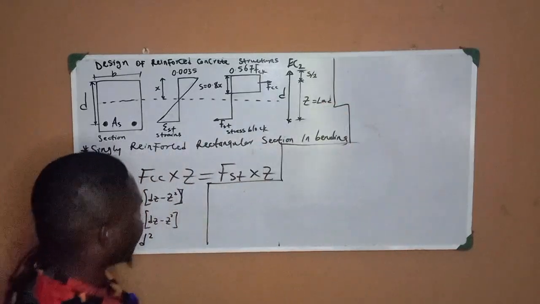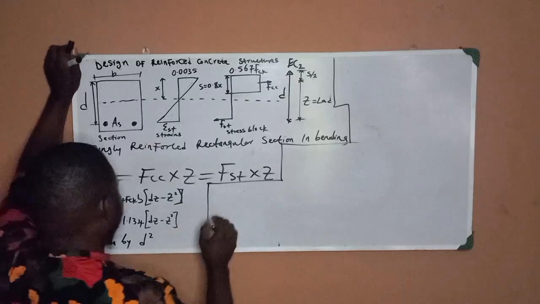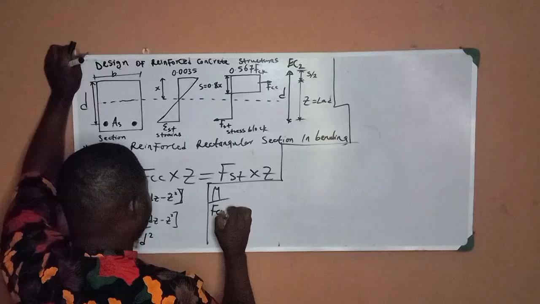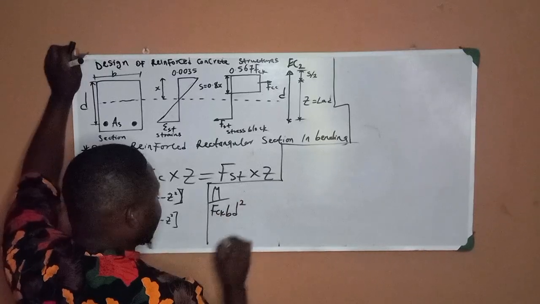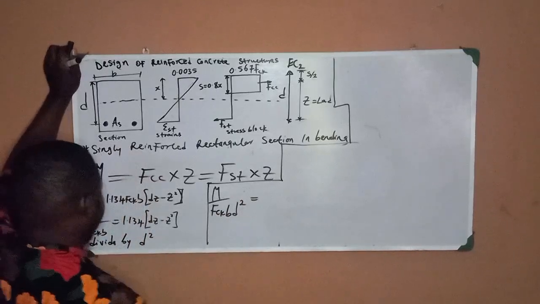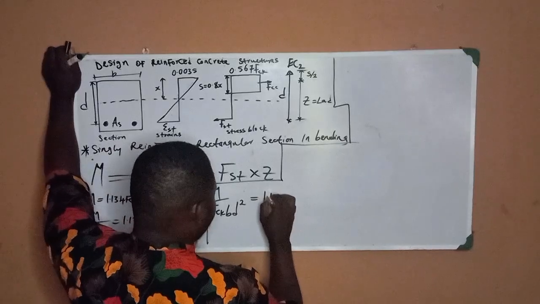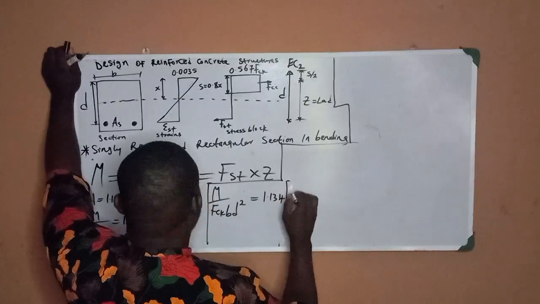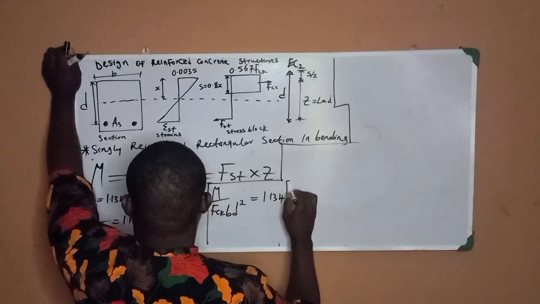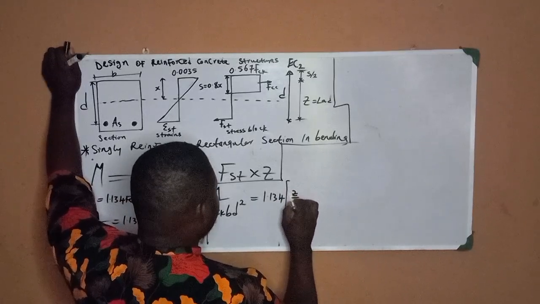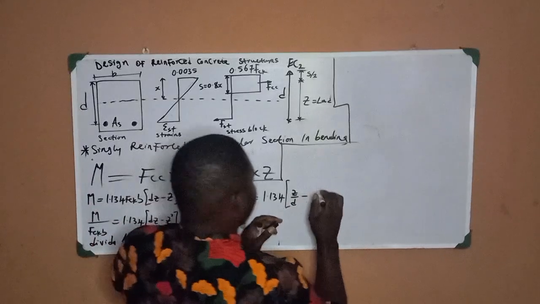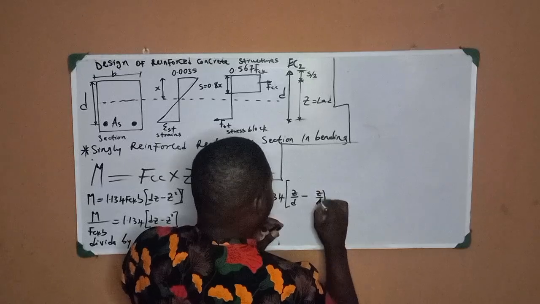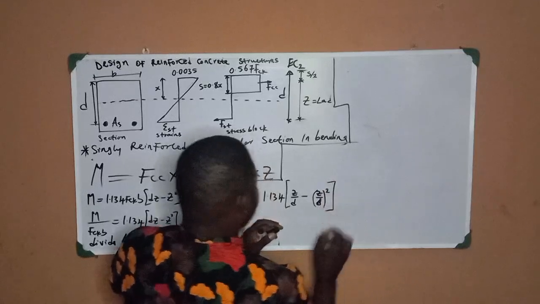So I have n over fck b d squared is equal to 1.134 into half c over d minus z over d, squared.